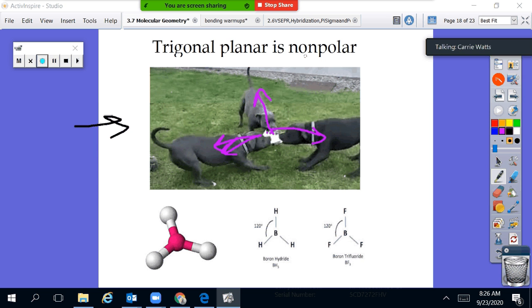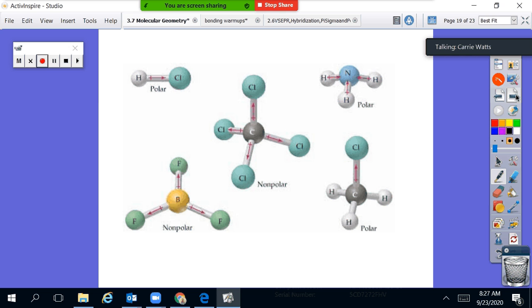If you drew the dipoles in, you would draw a net one that cancels out if you added them all together. This is just showing you some examples of polar versus nonpolar molecules.